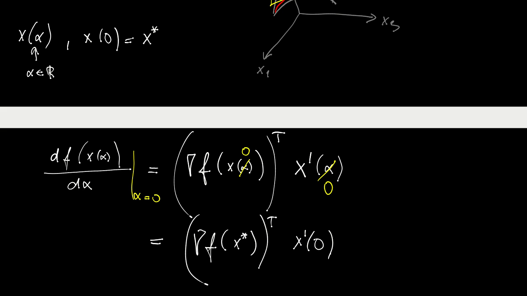So what do I have here? Here I can see that the gradient of the cost function at the critical point is orthogonal to this vector. But what is the interpretation of the vector?